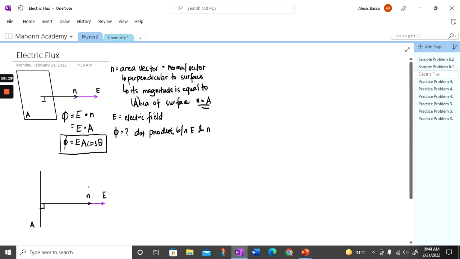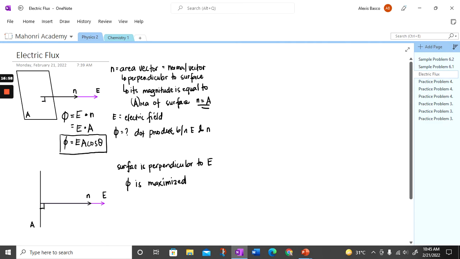So what I want you guys to notice now is, if my flat sheet is also perpendicular to my E, so if the surface is perpendicular to E, the electric flux is maximized.